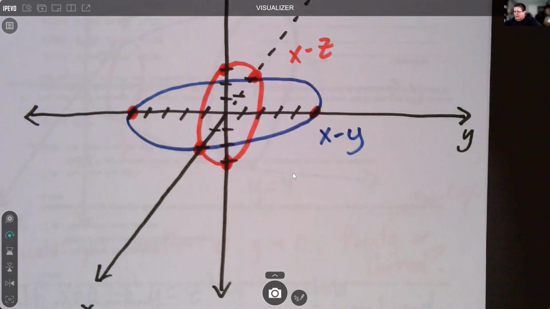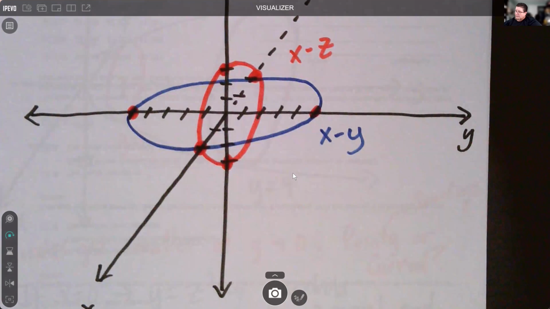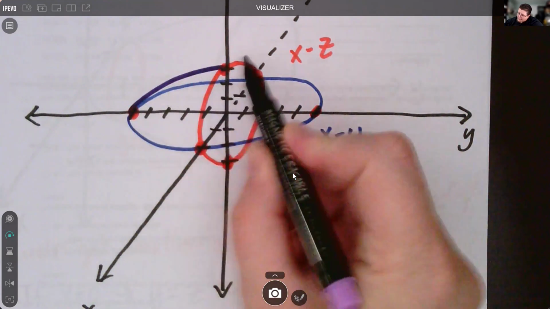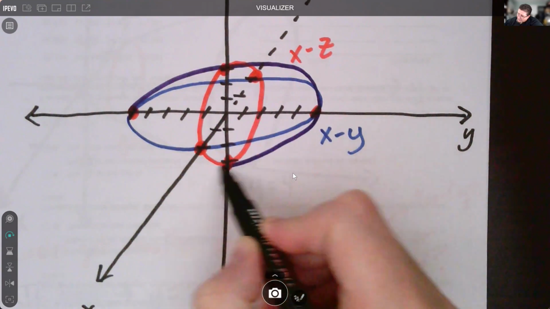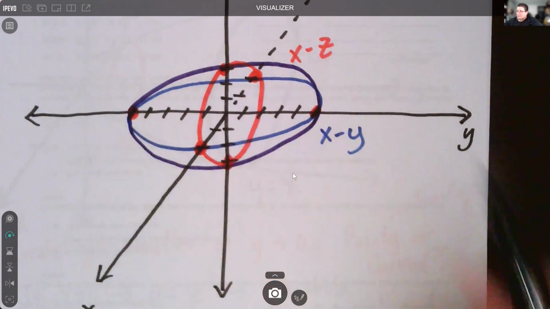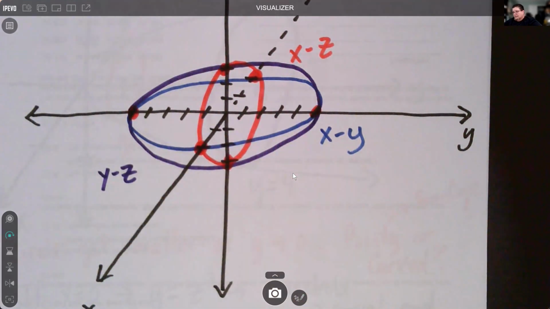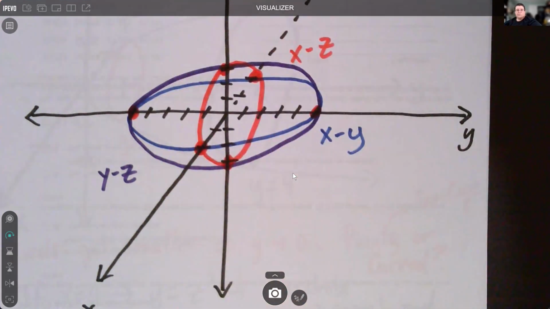And finally, let's see, I got to connect the points in the xz plane. No, yz plane. So the yz plane is connecting these like this. So that's yz. So we have this oval thing sticking sideways.